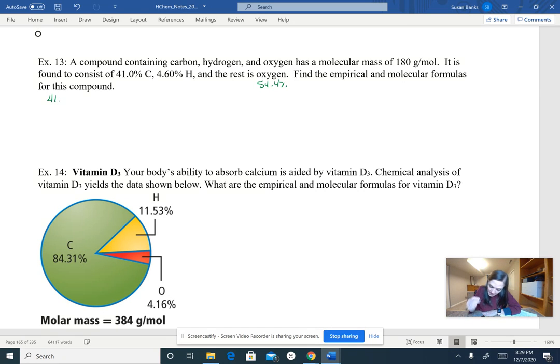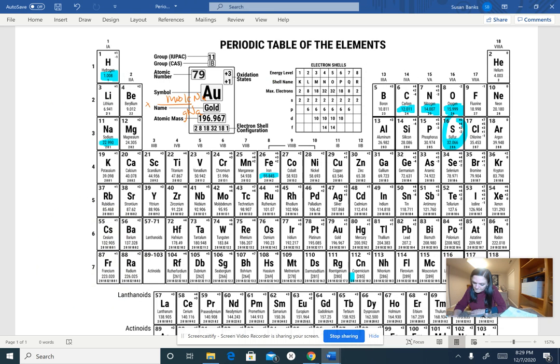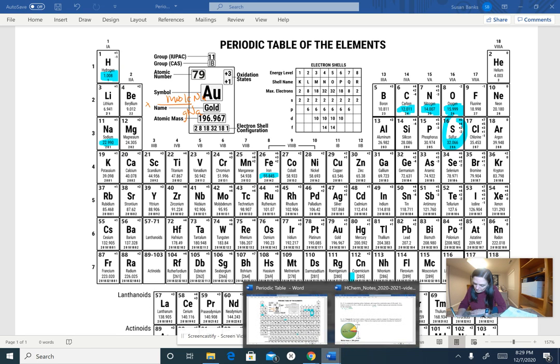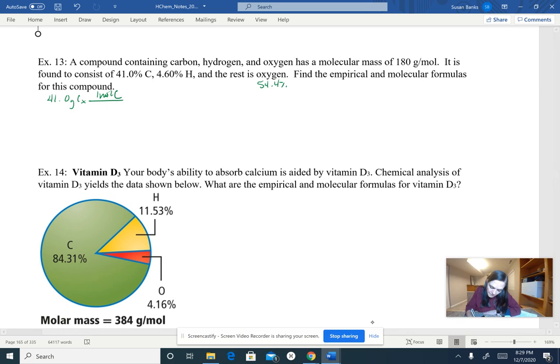Okay, so let's start with our carbon. I'm going to pretend like I've got 100 grams. So 41 grams of carbon. In 1 mole of carbon, do you guys remember the mass of carbon? 12.01. So I've got 12.01 grams of carbon in 1 mole.